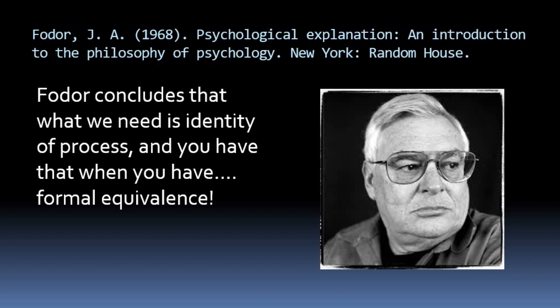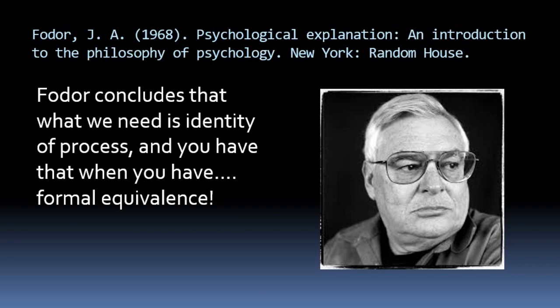But if you suppose that that's right, he's going to conclude that what we need is identity of process, and he's going to smile his evil GOFAI smile and say what you need is formal equivalence. That's his conclusion: if you're going to build something that we can genuinely say is intelligent, you need it to be formally equivalent to what our mind does.